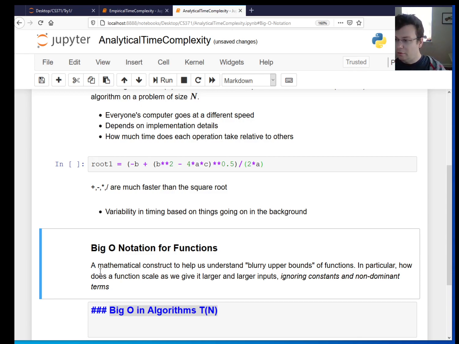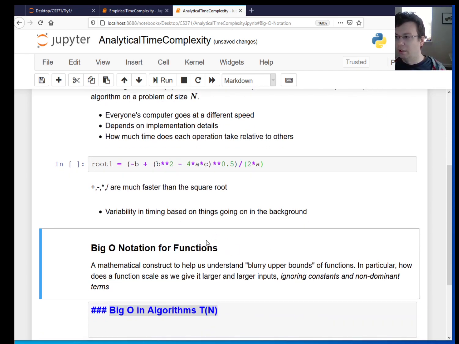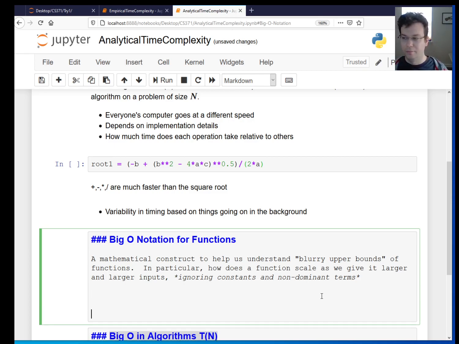Intuitively, this would satisfy some of the issues up here. I'm trying to come up with a blurry upper bound. I'm trying to see what's the worst it could do, ignoring all these little problems and things that don't affect the dominant behavior of the algorithm. You might throw in an extra plus, and maybe that just doesn't make a difference. That's the idea. Let's now do the precise definition.